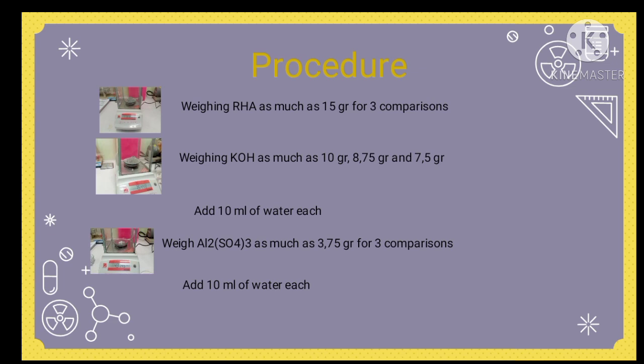Next, add 10 ml of water each. Next, weigh Al2SO4 as much as 3.75 gram for 3 compositions. Next, add 10 ml of water each.